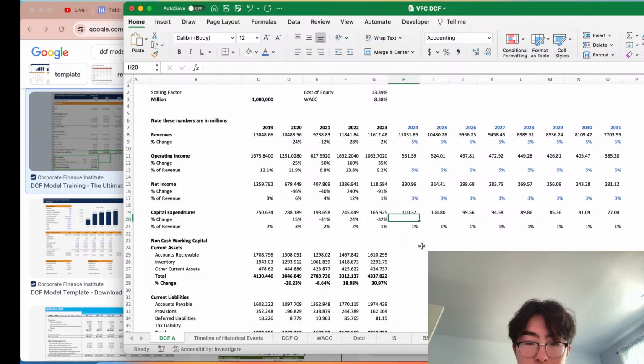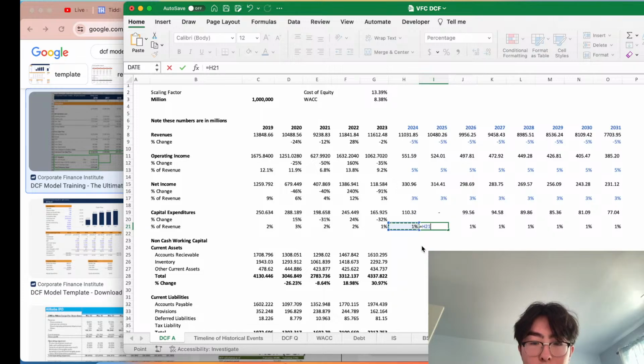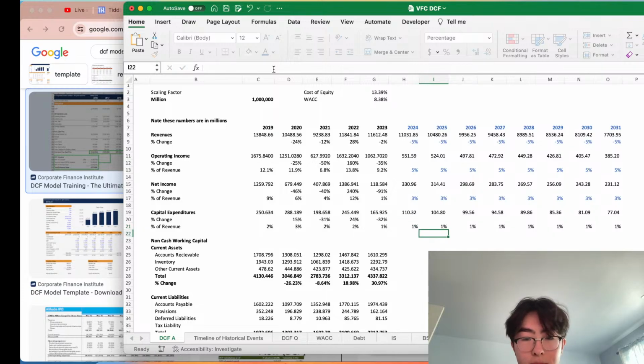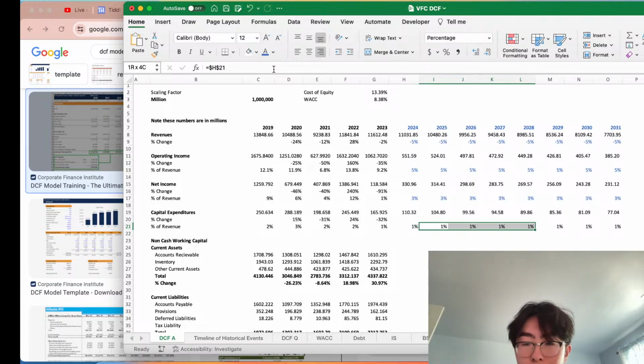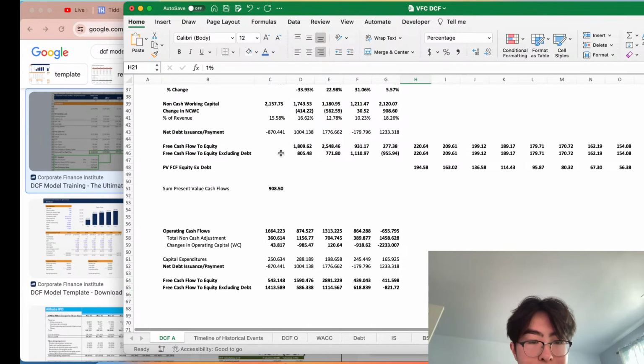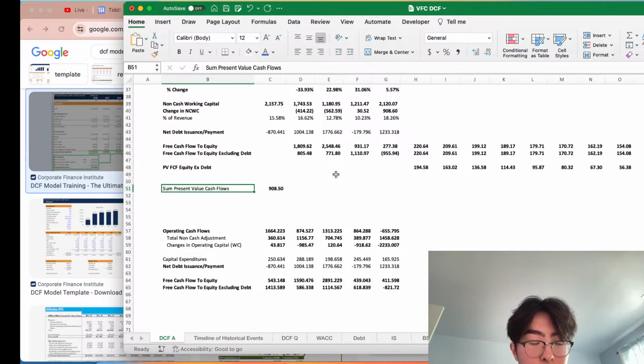Percent of revenue. Some present values, cash flows.